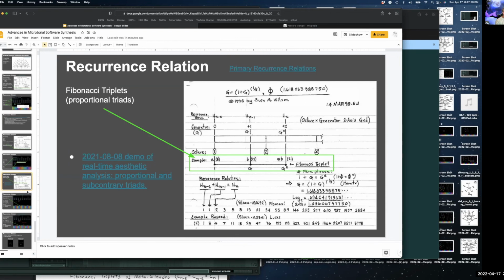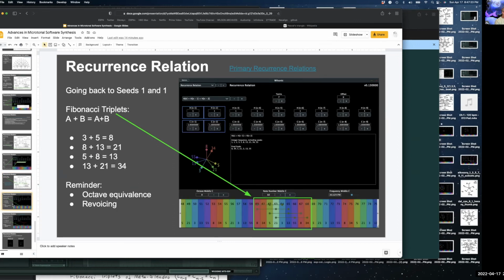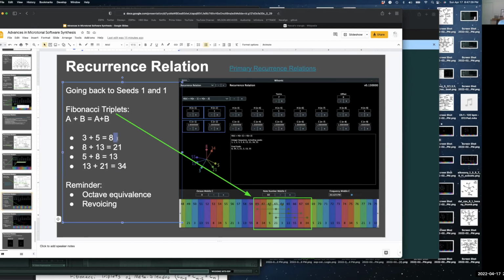And finally, I linked to that demo in August. And then this is just showing you the actual numbers, just so you believe me. Here, 3 + 5 = 8, right? So here's 8, 5, and 3. Octave equivalence means all revoicing is equivalent, right?